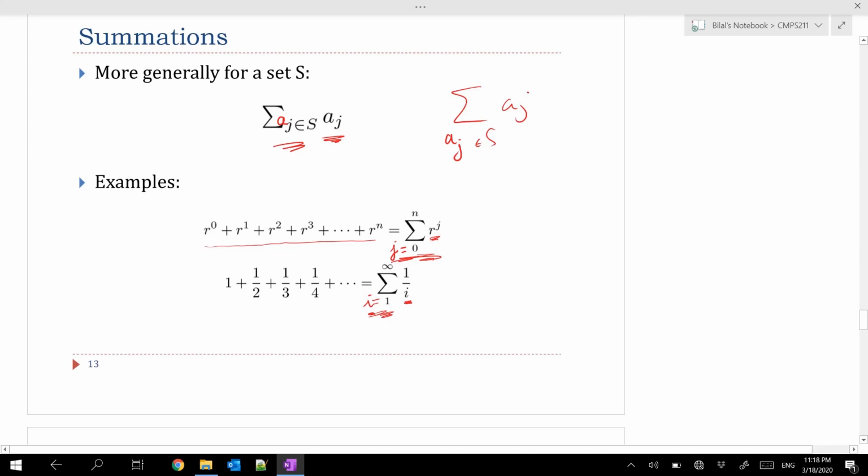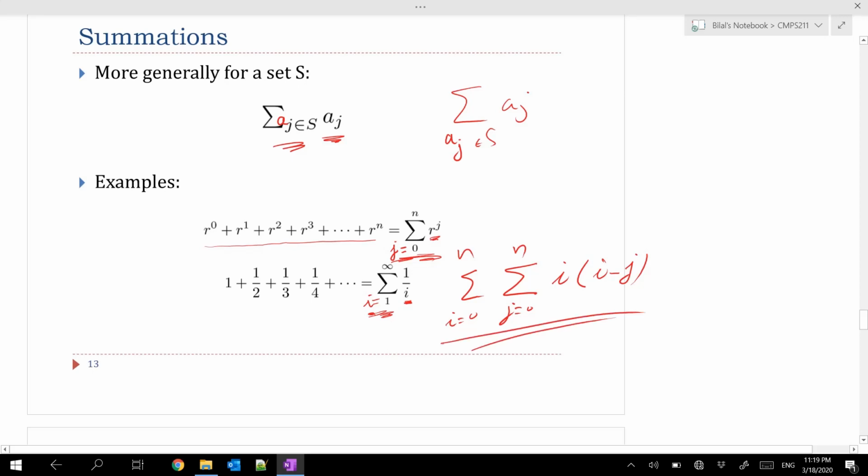So we can talk about, let's say, the summation of i times (i minus j), where we are taking j from 0 to n, and we are also taking i from 0 to n.